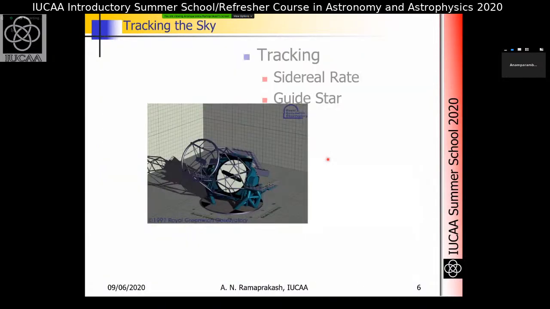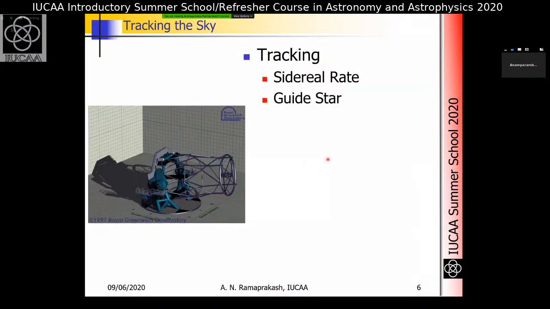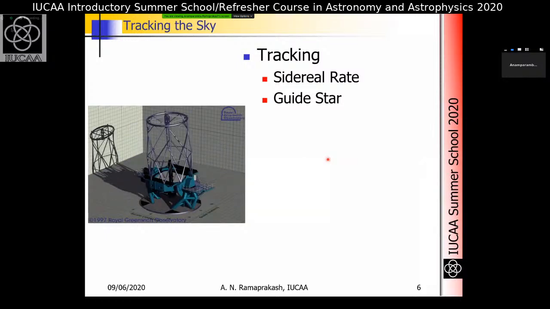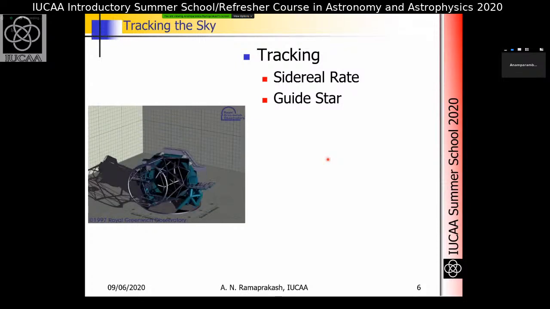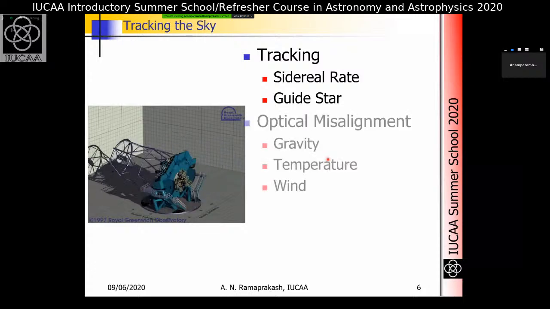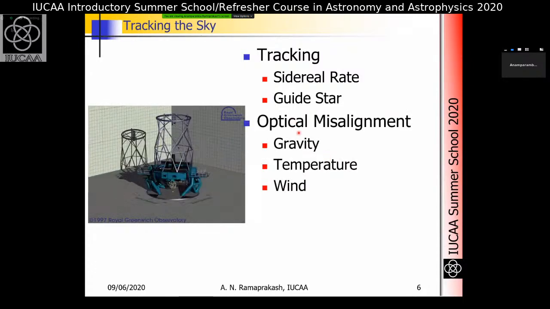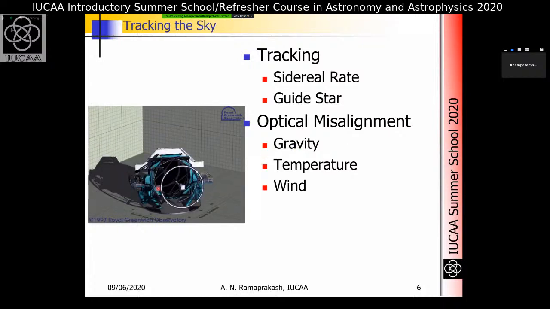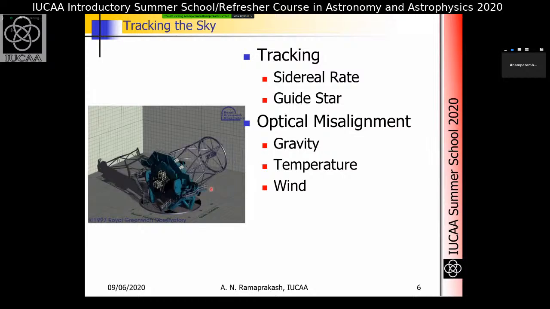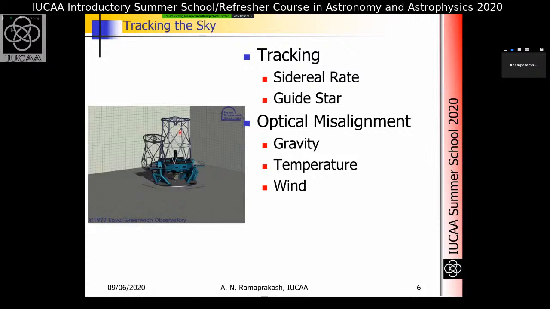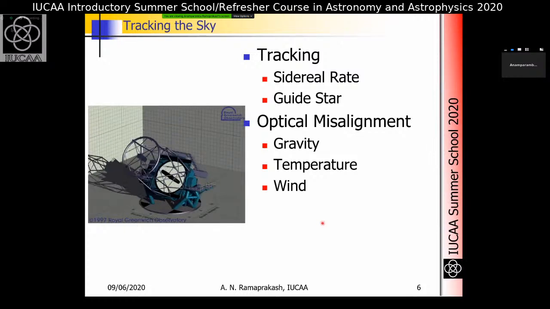The telescopes are not operating inside a lab environment. They are out there in the open, on top of mountains very often, or at least in observatories which are out there in the open. So when they track objects in the sky, they will be disturbed by various effects like the change of gravity, because as the telescope tube moves up and down, the way gravity affects the primary mirror and the secondary mirror of the telescope keeps changing.